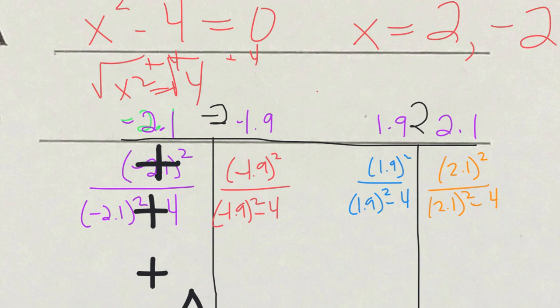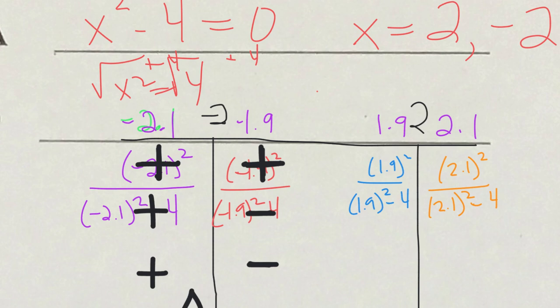Okay? Negative 1.9, always a positive. Squaring things makes them positive. Okay, 1.9 squared is like 3.7. 3.7 minus 4 is negative. A positive divided by a negative is a negative, so your graph is going to go down on that side of negative 2.